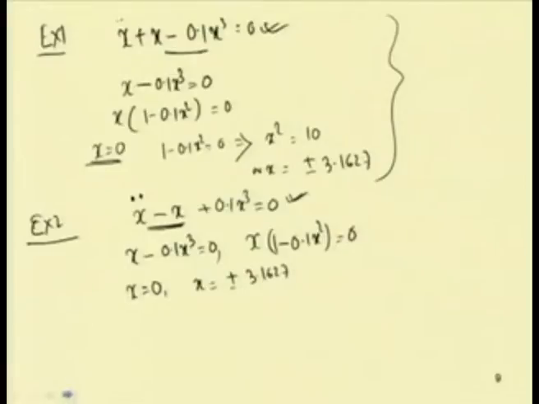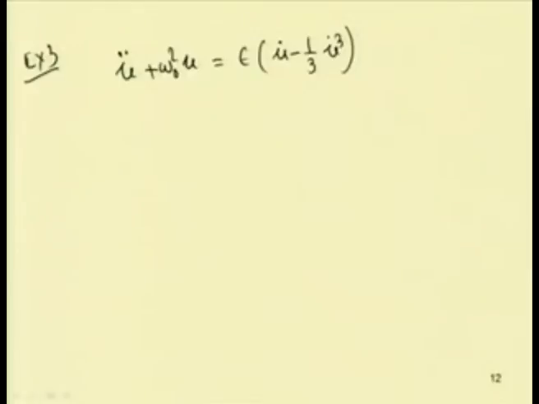Let us take another example, example 3. In this case, u double dot plus omega 0 squared u equal to epsilon into (u dot minus u cubed). For the steady state, one can put u dot and u double dot equal to 0.